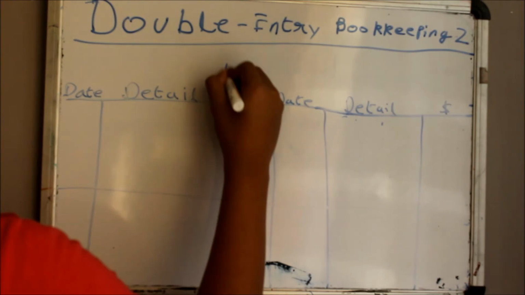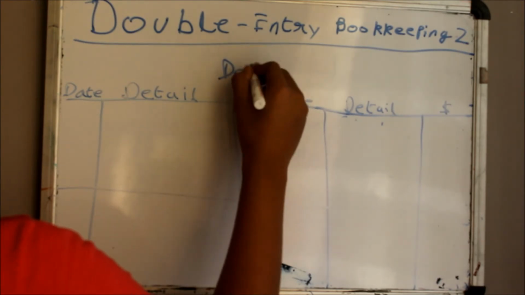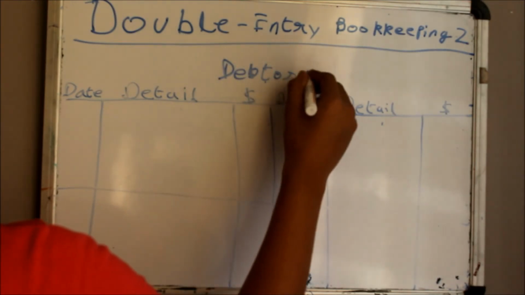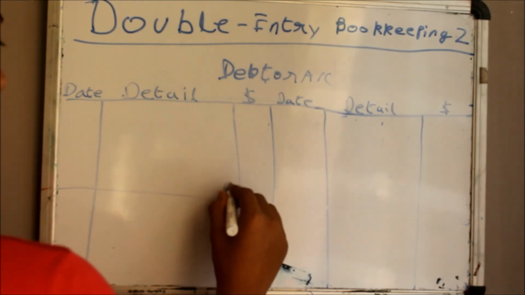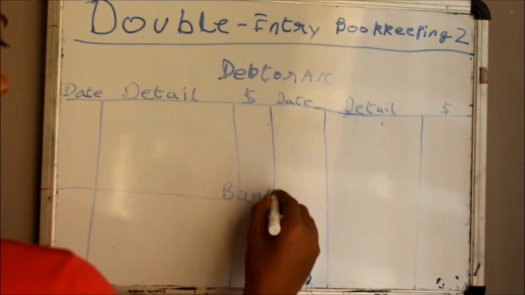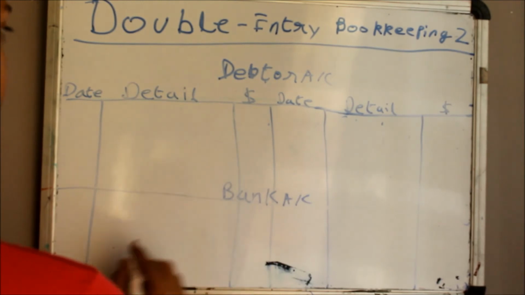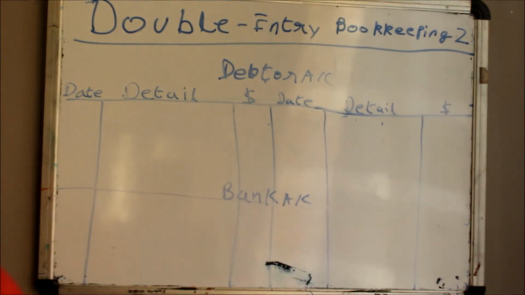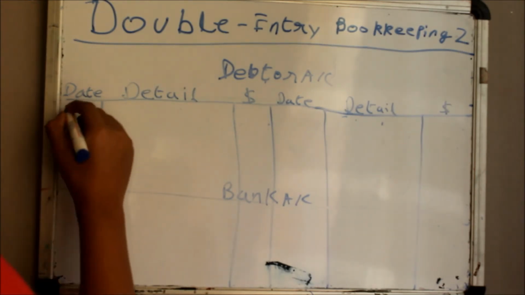So whatever the name of the debtor is, we're going to write debtor account, and we are going to write bank account. Alright, so when that happens, on the debit side of the debtor's account, we're going to write the date.